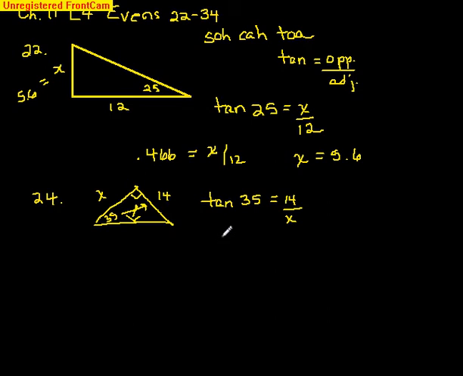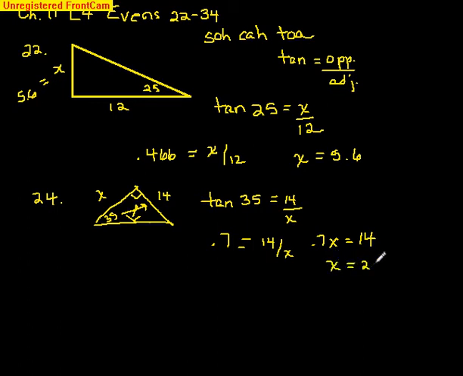Let me just make sure I got that right. 35 tangent, yes, I got 0.7. And that equals 14 over x. We cross multiply. Whoops, should be an x. So we have 0.7x equals 14. And we will get x equals 20.